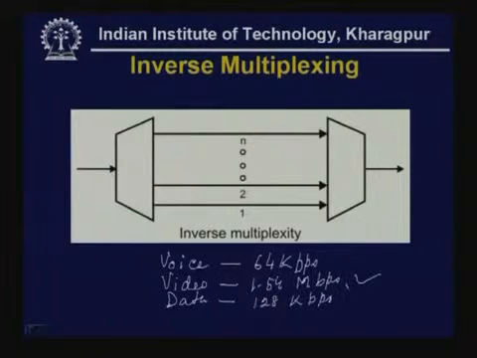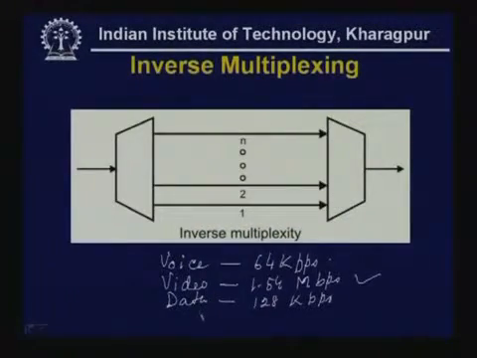So, you can send data, and whenever you are sending voice or video, you will be sending through this particular channel. Obviously, you will not be utilizing the full capacity of the leased line or the medium that we have acquired.